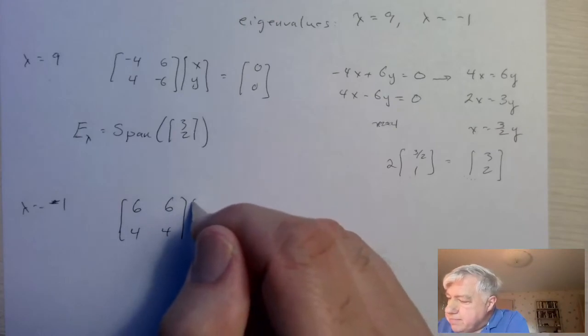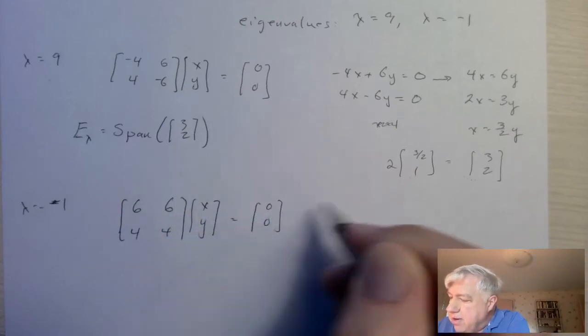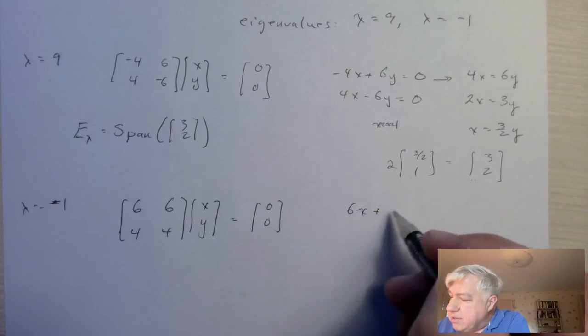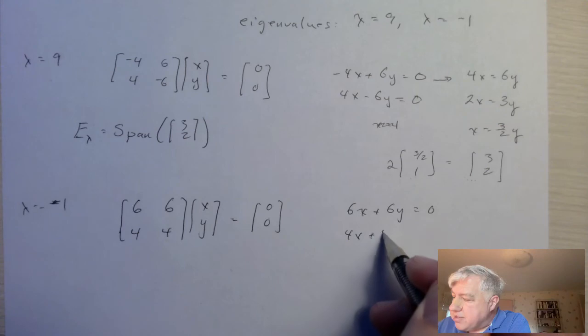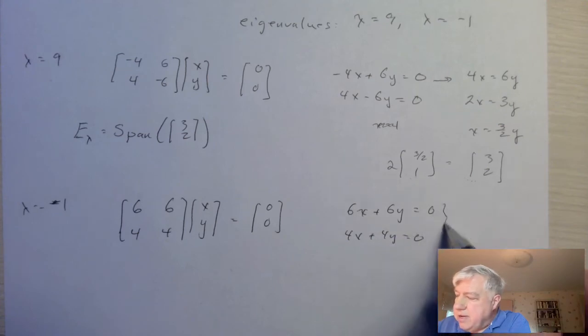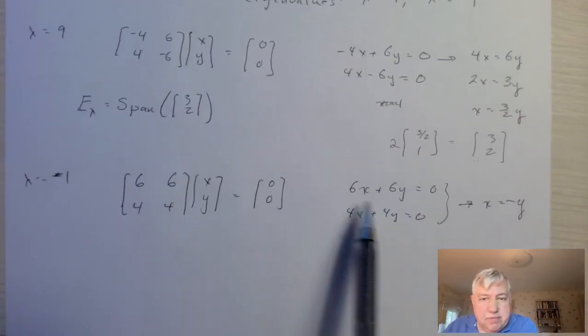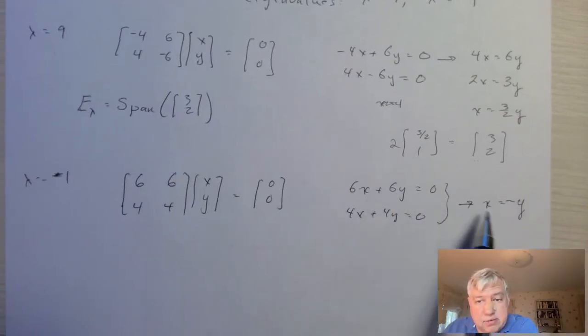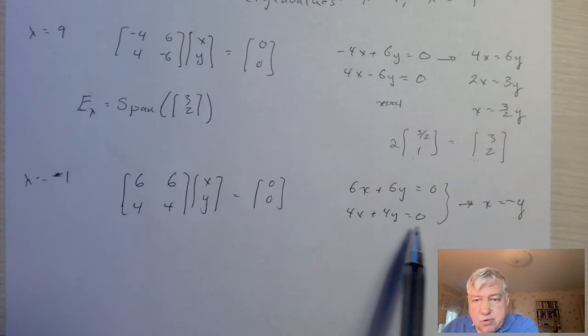So if we set this equal to 0, 0, we get 6x plus 6y equals 0, and we get 4x plus 4y equals 0, and this basically means that x equals -y. We divide both sides by 6 and move a term to the other side, and we get this. We get the same thing if we use the other equation.